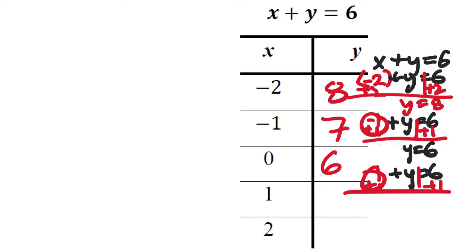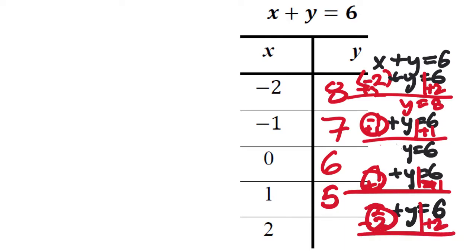And y equals 6 minus 1, which is 5. And then finally 2 plus y equals 6. So subtract 2 from both sides to zero that out. And then y equals 6 minus 2. 6 minus 2 is 4.